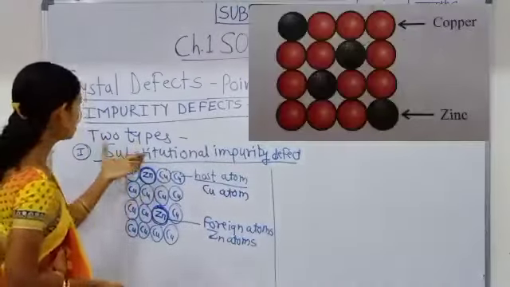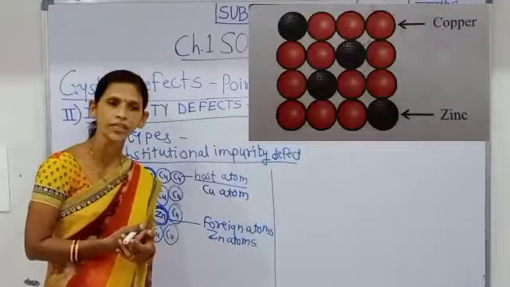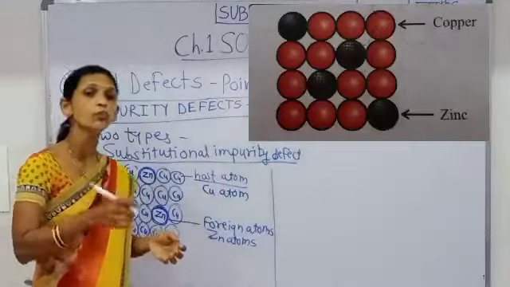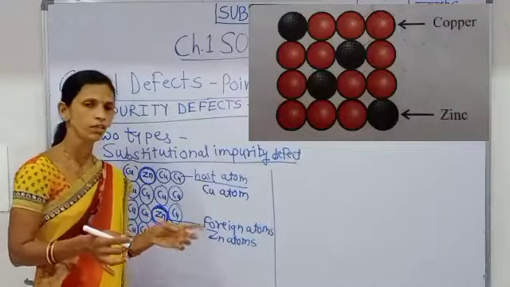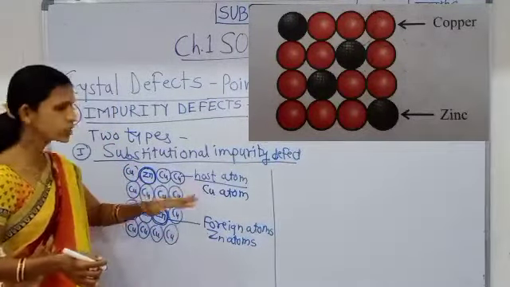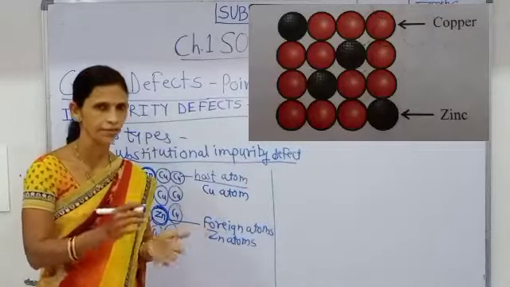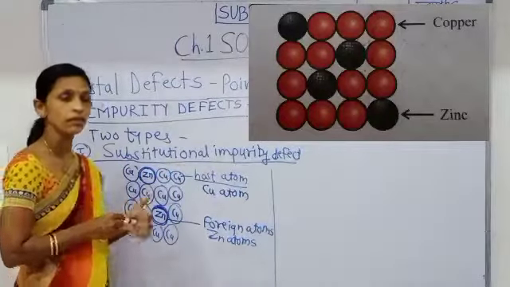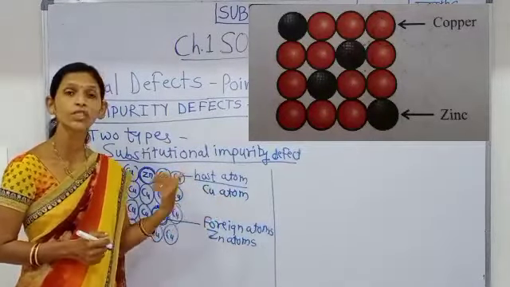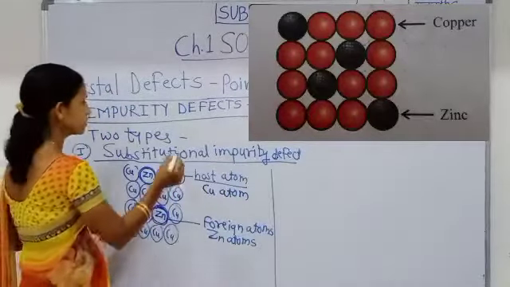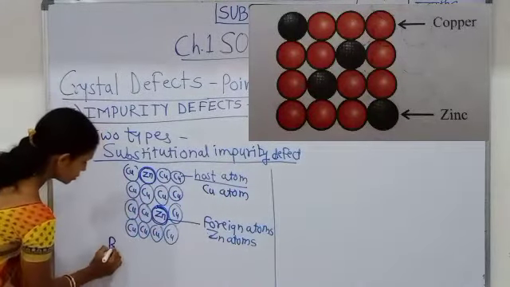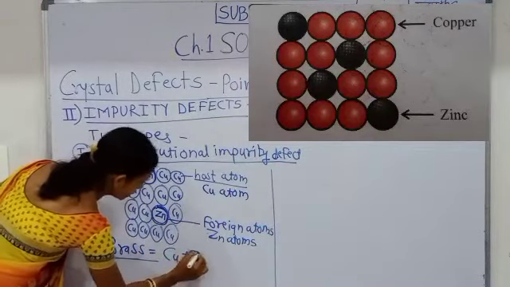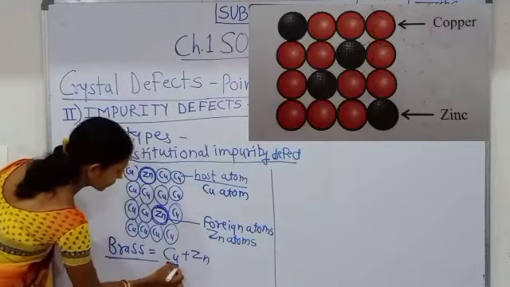Then see here the substitutional impurity defect, in which the foreign atom, that is the atom of the impurity, displaces the host atom from its original site in the crystal lattice. For example, take the alloy brass, which is made up of copper and zinc, and the host atom is copper.